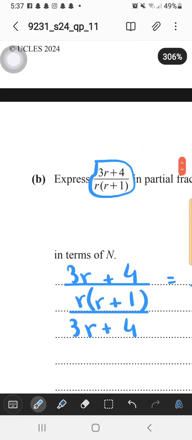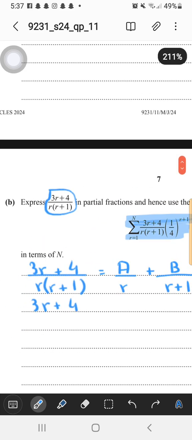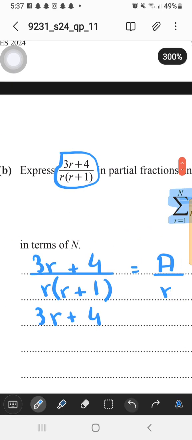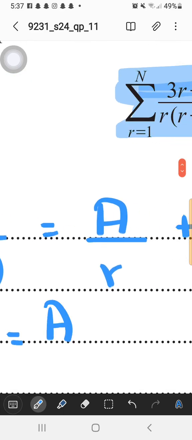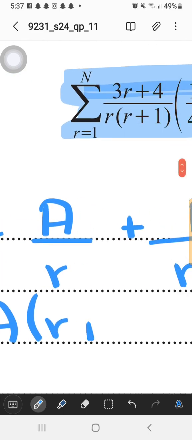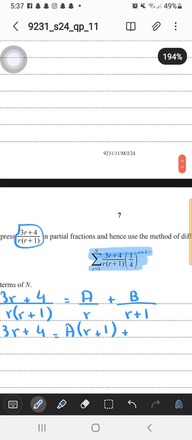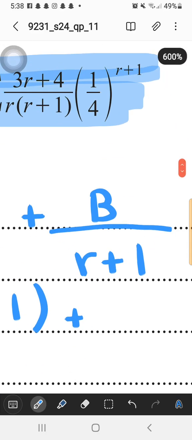If we multiply this denominator with a upon r, the r will get cancelled, then it will become a multiplied by r plus 1. Then if we multiply r into r plus 1 with b upon r plus 1, r plus 1 in numerator and denominator will get cancelled and it will become br.